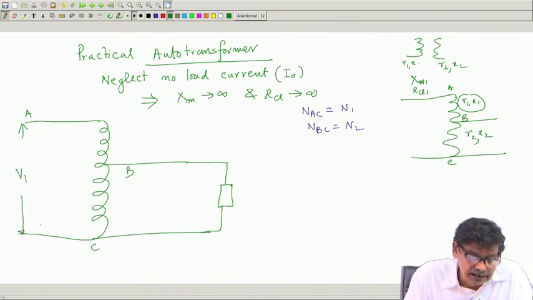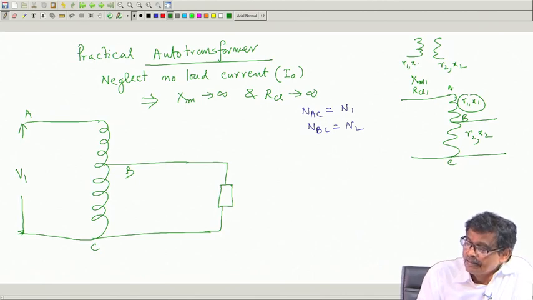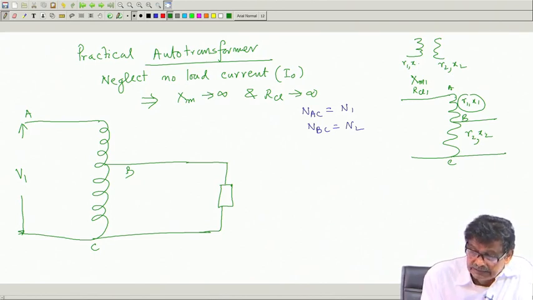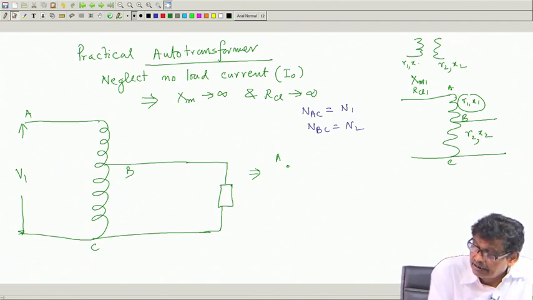Earlier when these things were not present, V 1 was equal to the induced voltage here, V 2 was equal to the induced voltage here. Therefore, we can easily see that if I want to show this resistance and leakage reactances, I must draw it like this. A point, I will draw it at a slightly higher place.